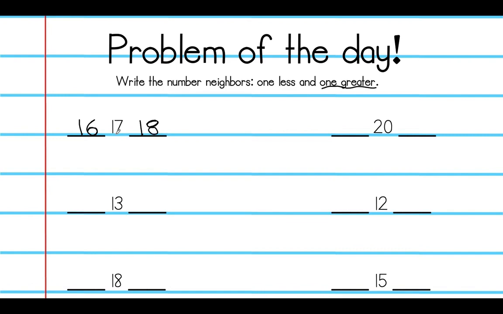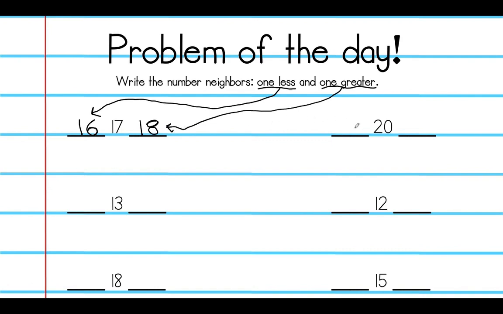The number right after is 18. 16 is 1 less, and 18 is 1 more. So we're working with 1 less, and I'm going to draw an arrow over here. This shows 1 less, and 1 greater would be this one.